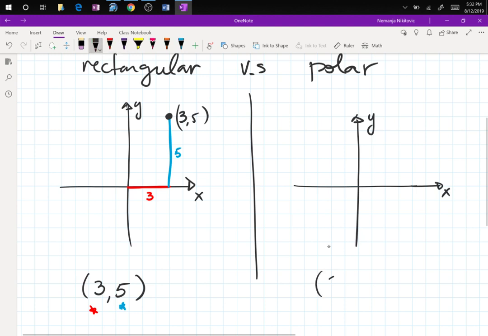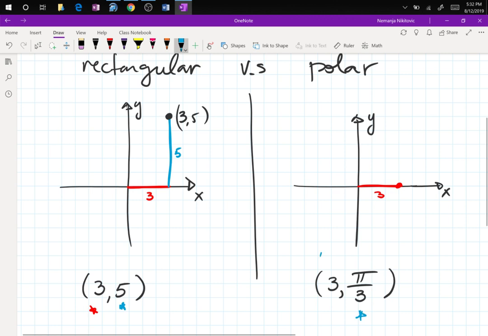Polar coordinates, 3 and pi over 3, let's say, work differently. What you do first is you draw out the radius 3. You draw that along the x-axis or negative x-axis depending on whether you have 3 or negative 3. And now what you do is you find where the angle pi over 3 is. Pi over 3 is 60 degrees.